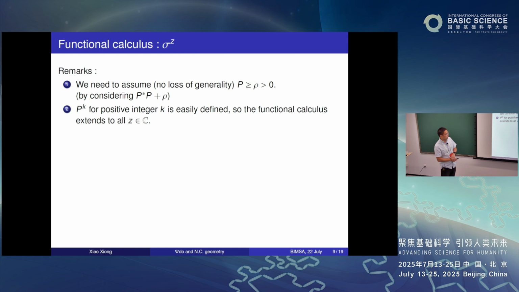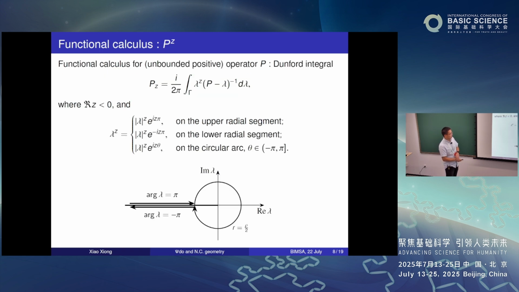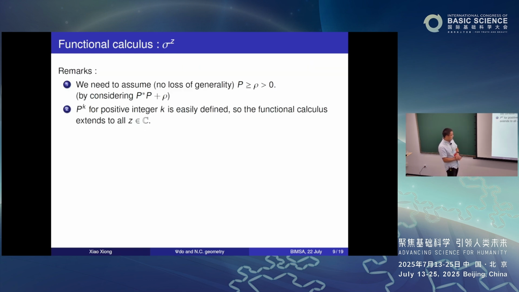If it is strictly positive, here we take the radius to be 1/2 of this rho. Then we can make this integral converge in some sense. And another thing is that we didn't talk about positive integer powers, but positive integer power is just defined in a very usual way.